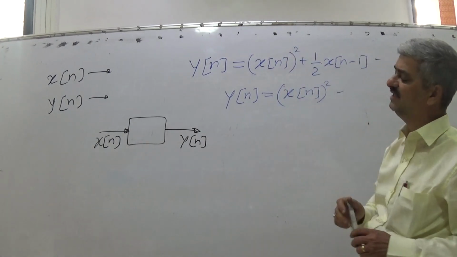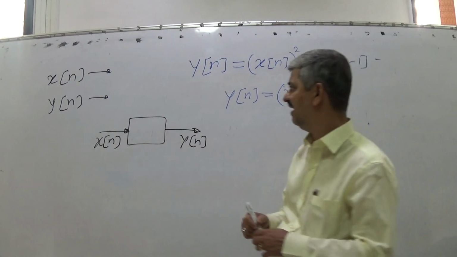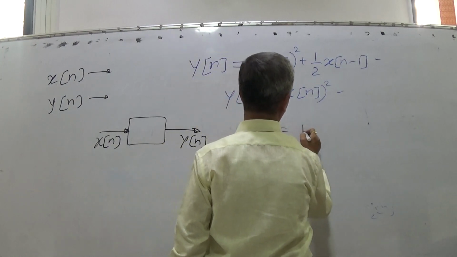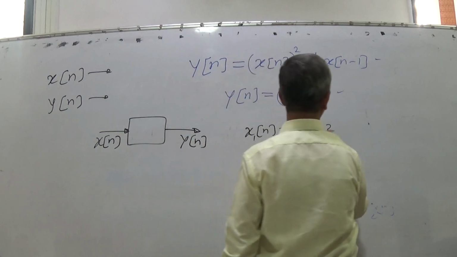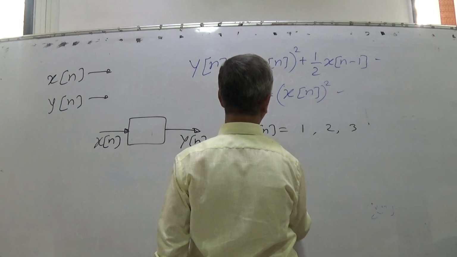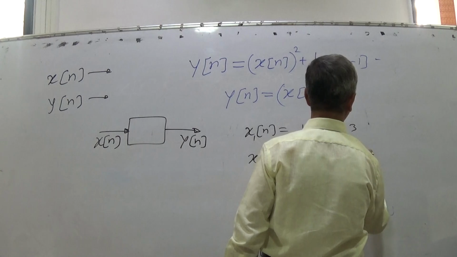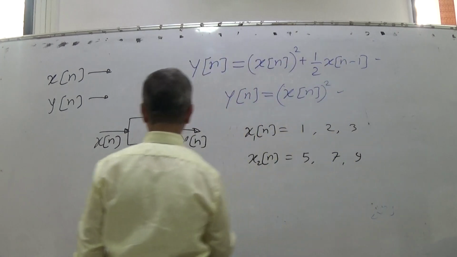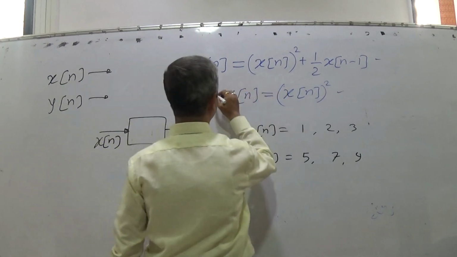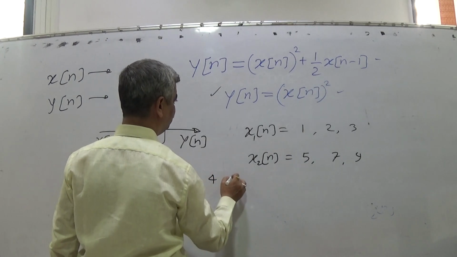So whether the system is linear, we can very easily check. Let x1[n] be 1, 2, 3, and let x2[n] be 5, 7, 9. Then what would y1[n] be? For the system x[n] squared, y1[n] would be 1, 4, 9.